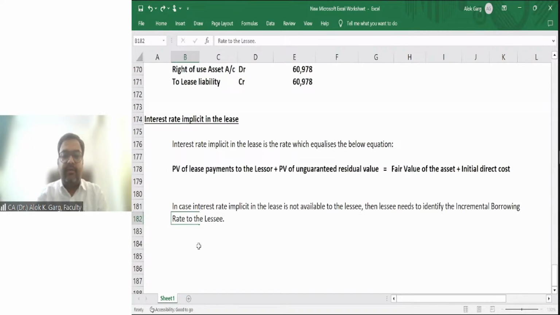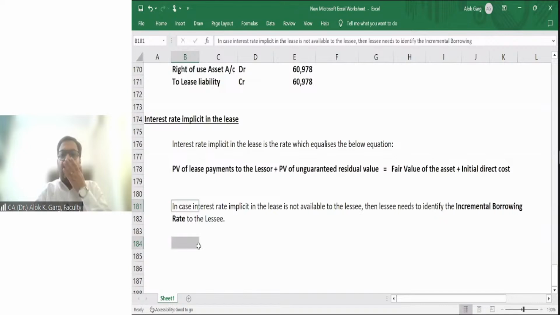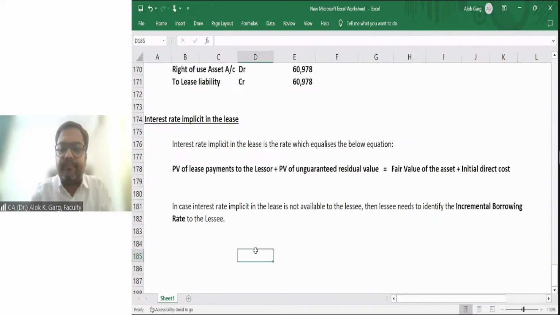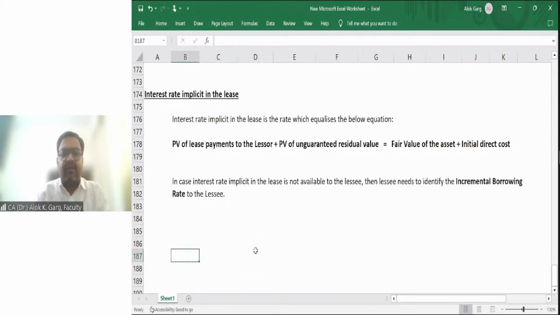Incremental borrowing rate to the lessee. I hope this is clear to all of you. Very simple.